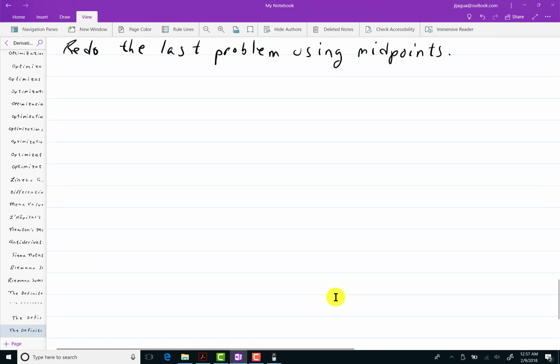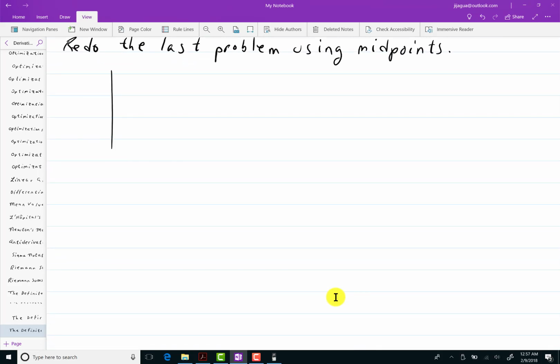So I'll draw my picture again. It starts at 1, ends at 5. Try to draw this so that I can see it. I guess it ends there. All right. And then I'll put an x sub i minus 1. I think this one matched up best if I use the same kind of an interval as I did before.